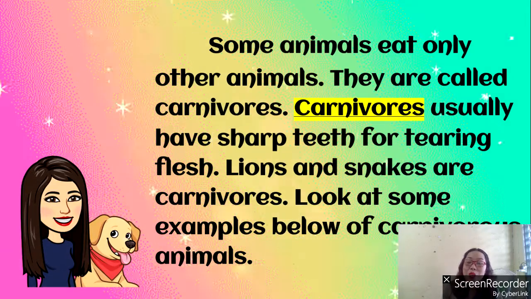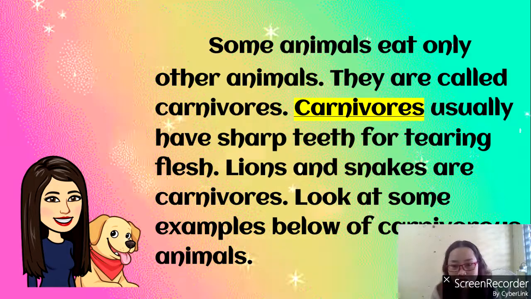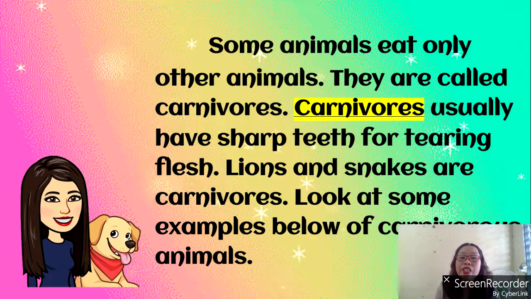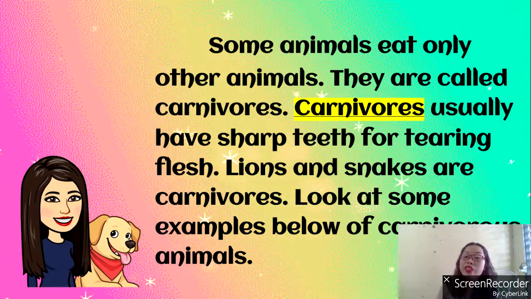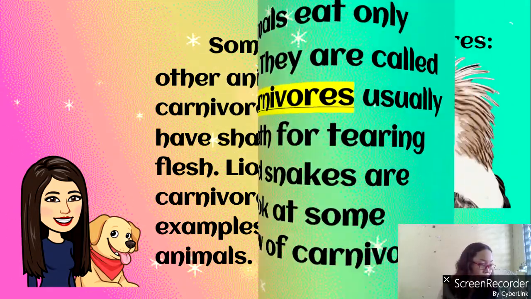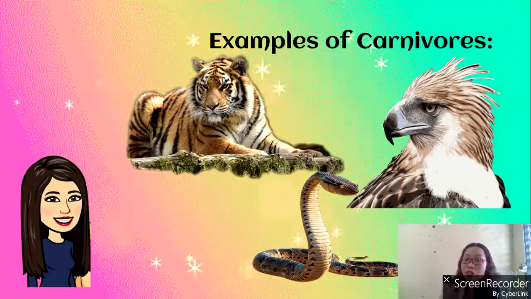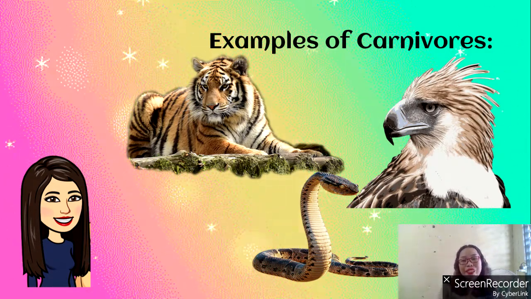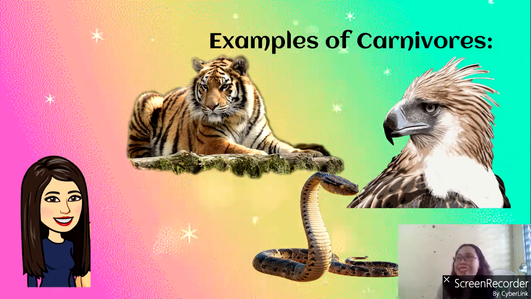Next, some animals eat only other animals, so they are called carnivores. Carnivores usually have sharp teeth for tearing flesh. Your lions and snakes are carnivores. Let's look at some examples of carnivorous animals. We have here the eagle, the snake, and the tiger. Let us compare the teeth of a herbivore and a carnivore.